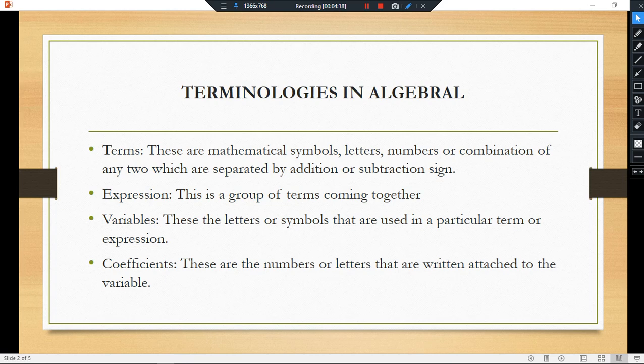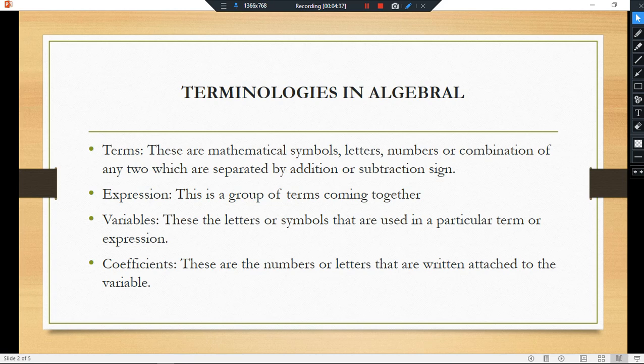We are saying that terms are mathematical symbols, or mathematical letters, or mathematical numbers, or a combination of these numbers, letters, or symbols, which are separated by an addition or subtraction sign.